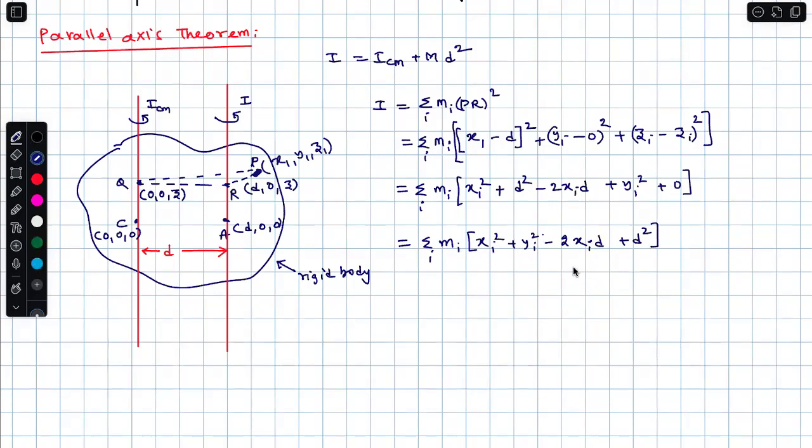Just please give me clarity: do you have any doubt till this step? Now here lies some problem for me. Please try to understand. Can you please tell me what is sigma m_i x_i? Moments.